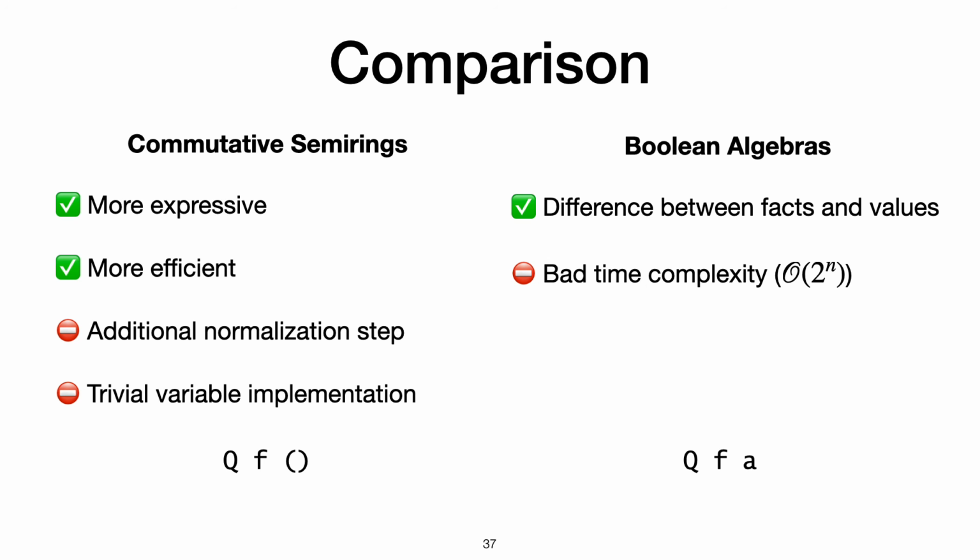With Boolean algebras, we can differentiate between facts and values. So we have a query in the form Q F A, where F represents facts and A represents our values. But on the other hand, time complexity in terms of Boolean algebras is exponential, so not so nice.